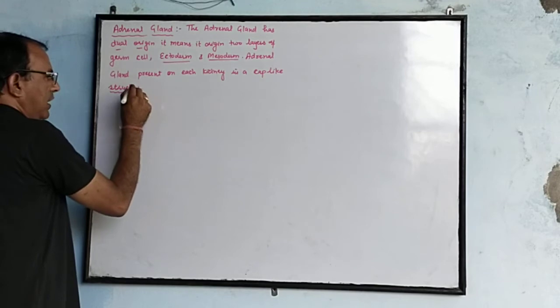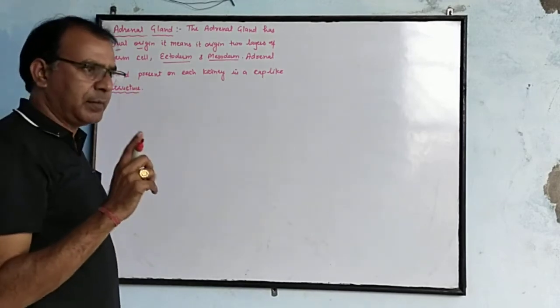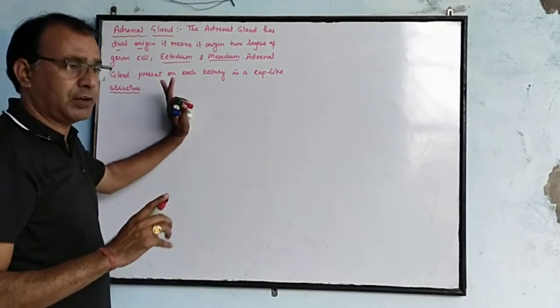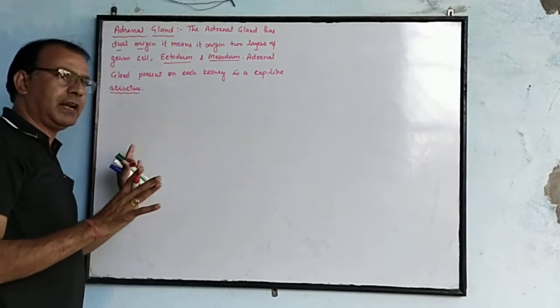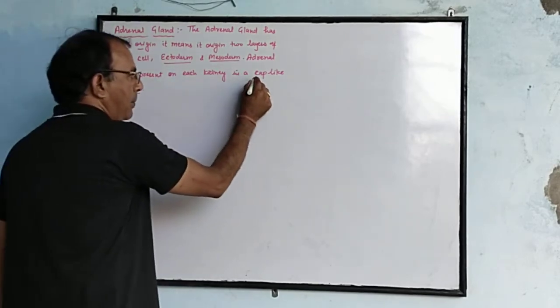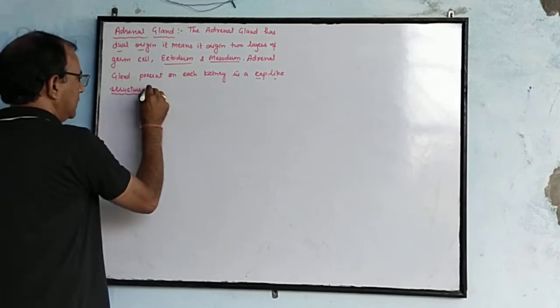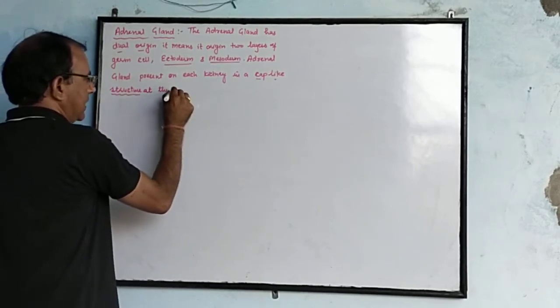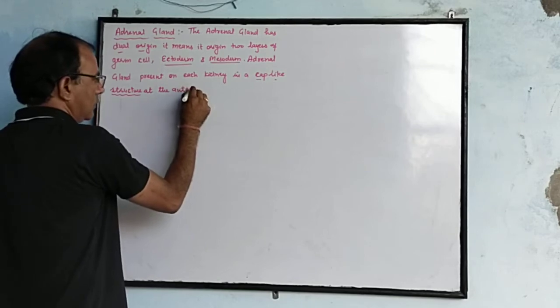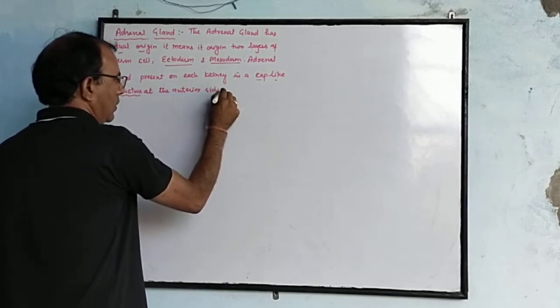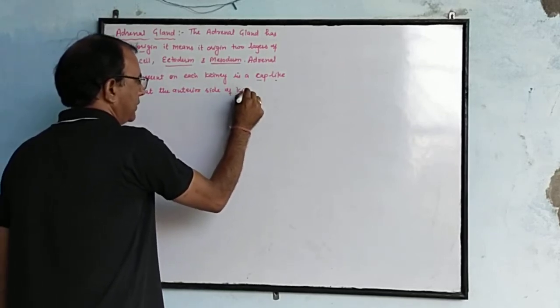Each kidney contains one adrenal gland. It means a pair of adrenal glands is present. One kidney contains one adrenal gland in a cap-like structure at the anterior side of the kidney.